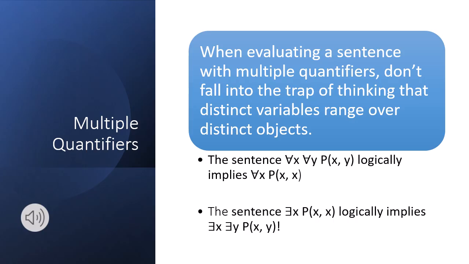And in this case, if there's one that satisfies the sentence by plugging into the first component and the second component, well, then you can be sure that there's an x and a y, in this case the same, that make p of xy true. So again, be careful when we have distinct variables. It does not mean that they are referring to distinct objects within the domain of discourse.